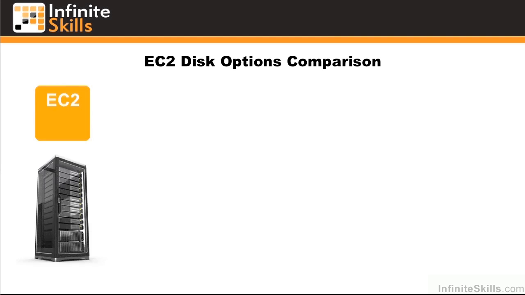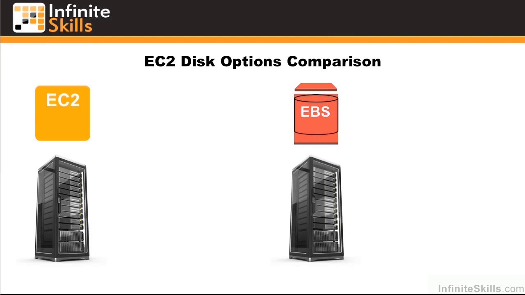If we look at the option comparison, let's start off by describing how they work. Here we have EC2 servers sitting in a single rack somewhere inside of an Amazon data center. In another place in that data center, we have a rack of servers that are providing EBS functionality. This is essentially just a big network attached storage device. Inside of each of these EC2 servers on our left, we have a hypervisor.